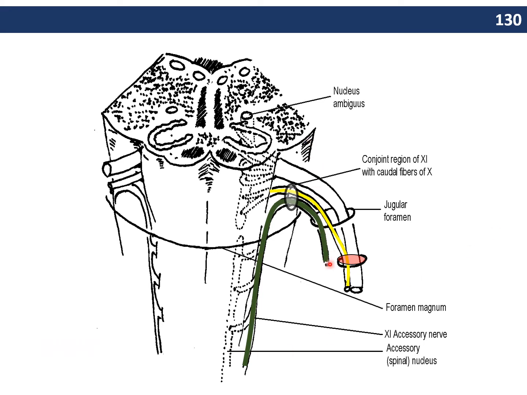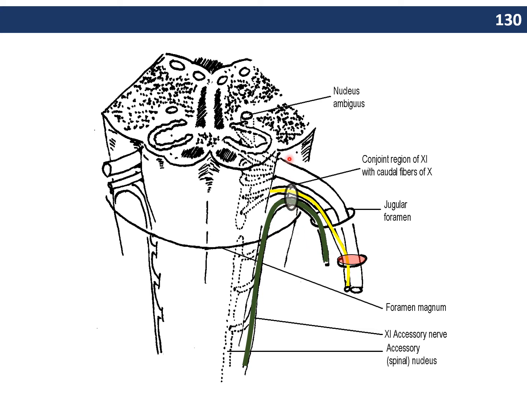So here is the accessory nerve shown here in green, ascending through the foramen magnum before it exits the jugular foramen in order to access the sternocleidomastoid and the trapezius.